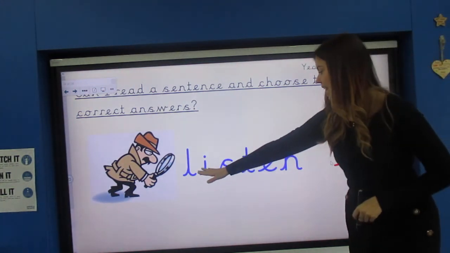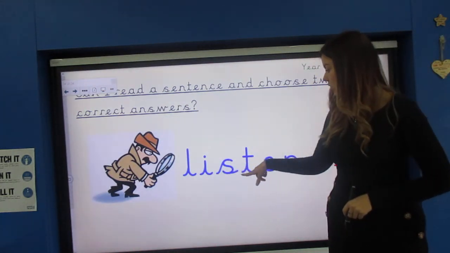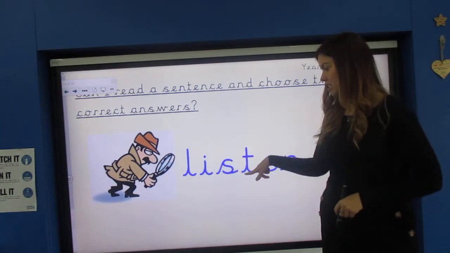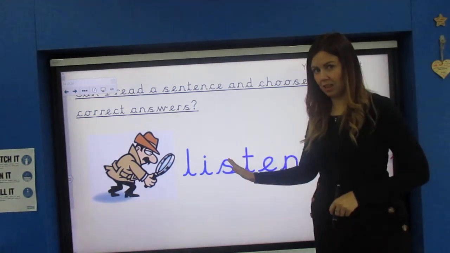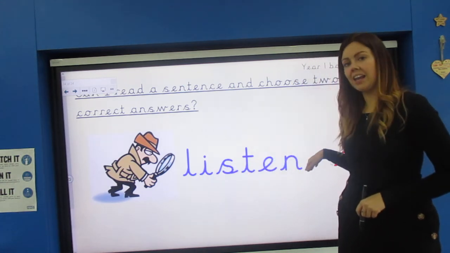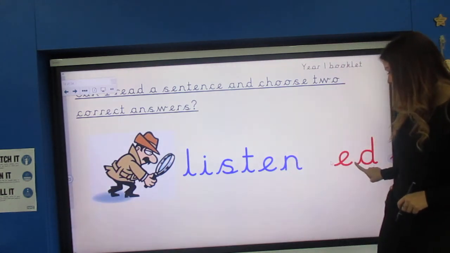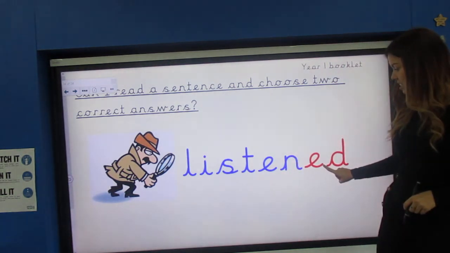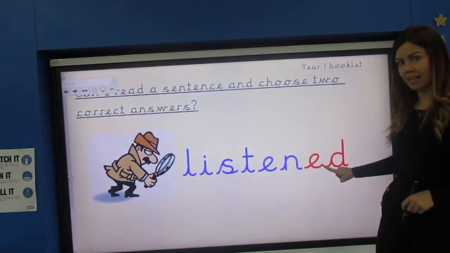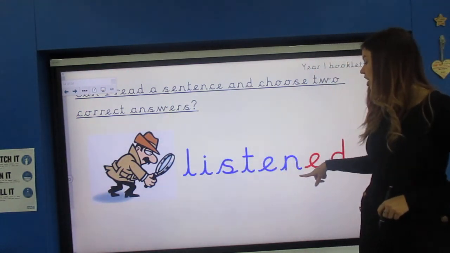And this word says listen, okay? L-I-S-T-N, listen. We don't hear that T in the middle, okay? It's quiet, it's silent. L-I-S-N, listen. So this says listen, and when we've got an E and a D at the end, it makes a D sound. Listened. So it says listened.